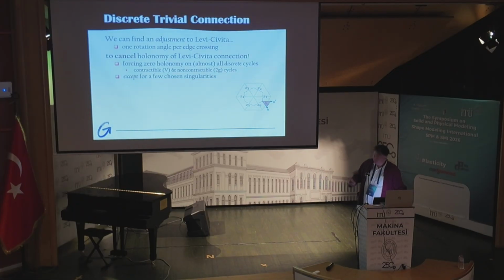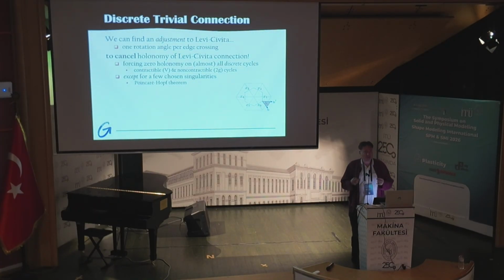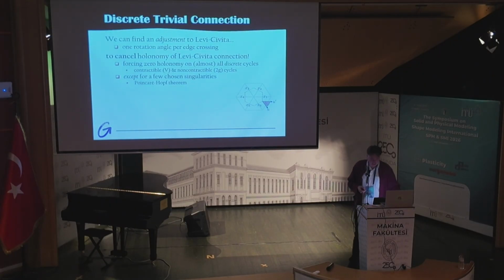There is, again in the continuous world, something well known as the Poincaré-Hopf theorem, which tells you basically that the curvature that you kill by changing the holonomy to 0 has to go somewhere. You cannot kill it everywhere, because that would mean that your surface is suddenly magically flat. It was not flat, it was a curved surface. So you have at least one singularity that has to be somewhere, or multiple ones if you prefer. Again, you let this be handled by the animator, where he or she wants the singularities.